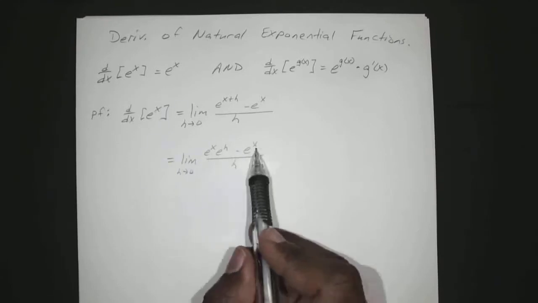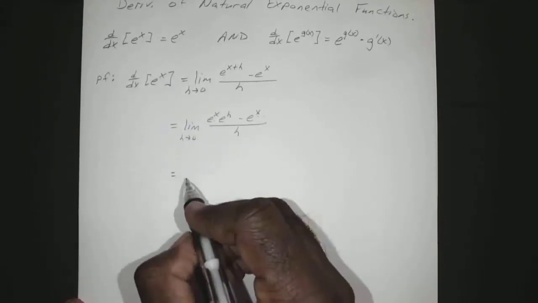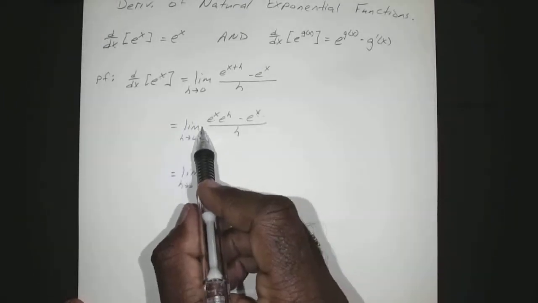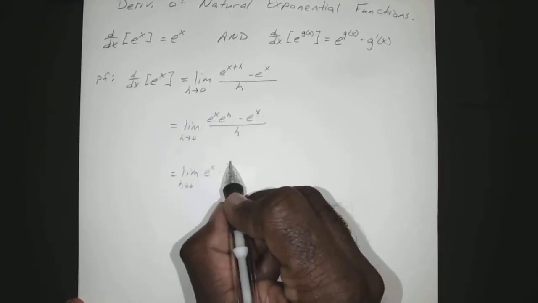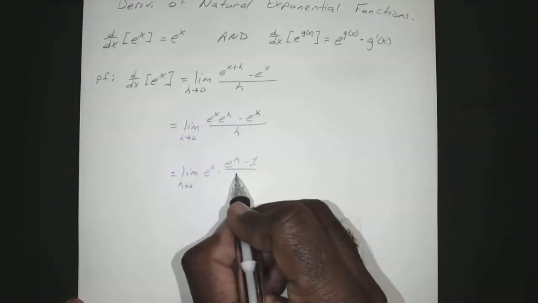So if we factor out an e to the x from both of those, you have the limit as h approaches 0. We can just bring that e to the x out front, times e to the h minus 1, all over h.